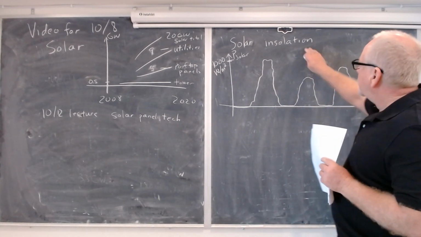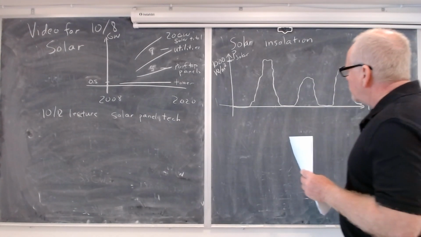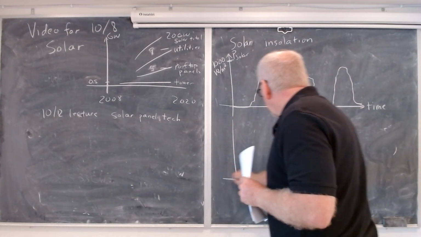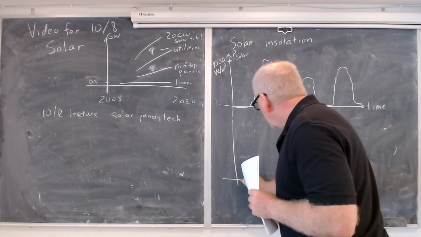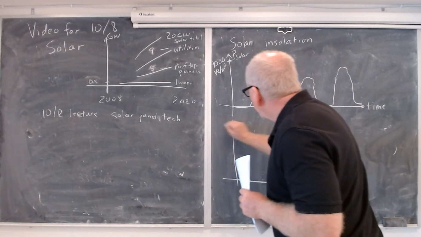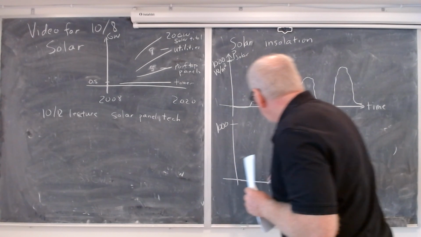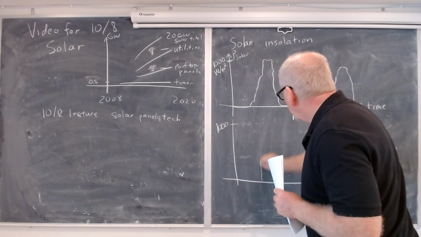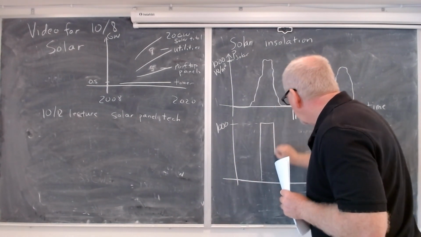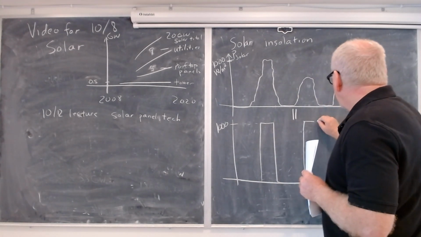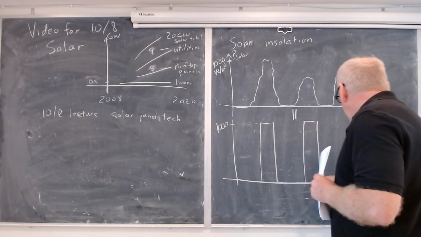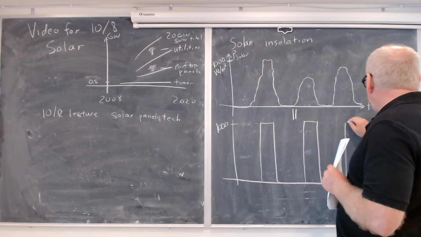Now what insolation refers to is 1,000 every day. I'm trying to draw days here.